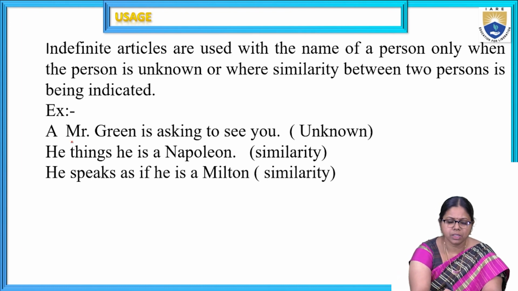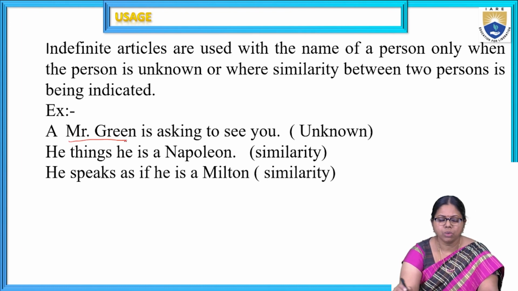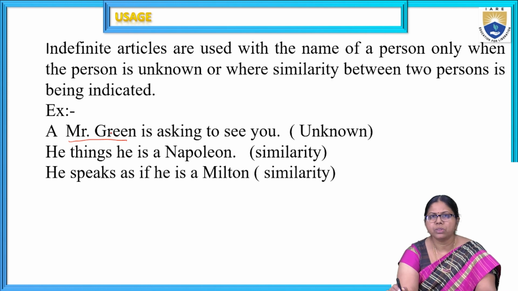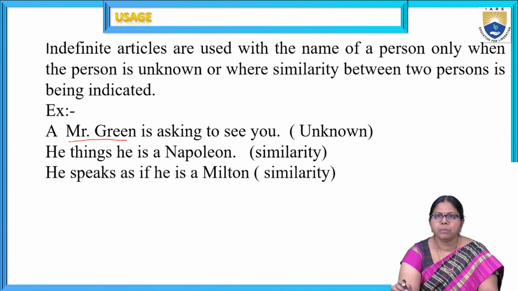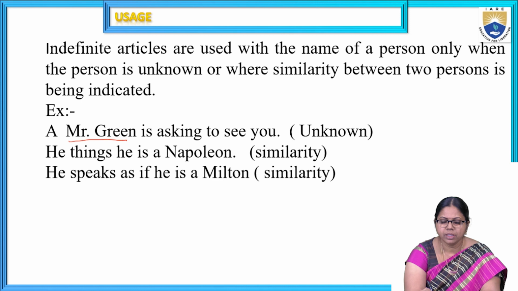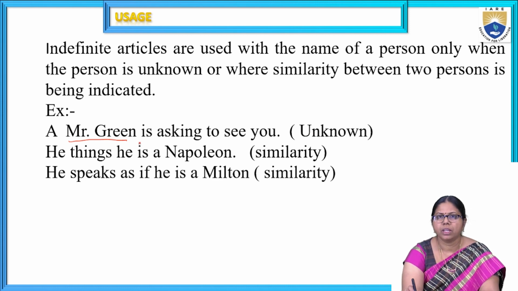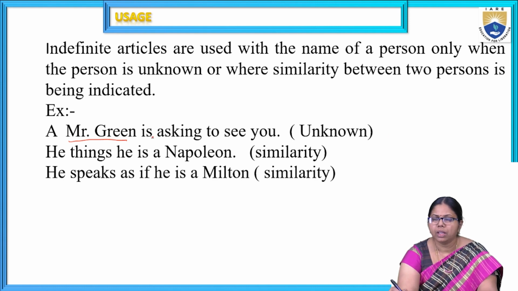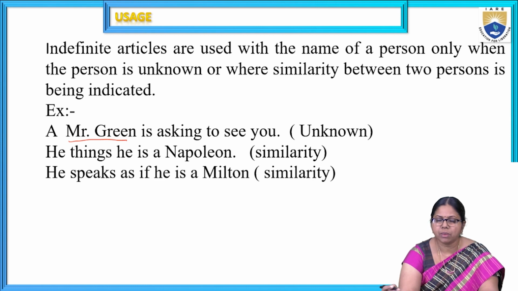A Mr. Green is a person who is unknown. We don't know who Mr. Green is. Some person, Mr. Green, has come and he is asking to see you. In that situation, we use a. A Mr. Green is asking to see you, a person whom we don't know, and we are informing others that someone has come and wants to see you.